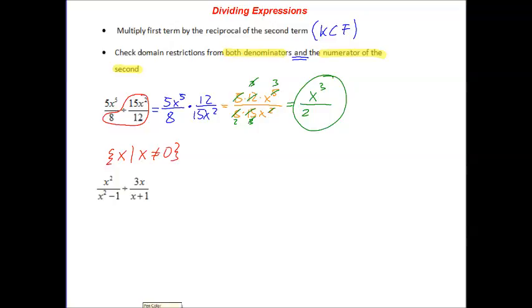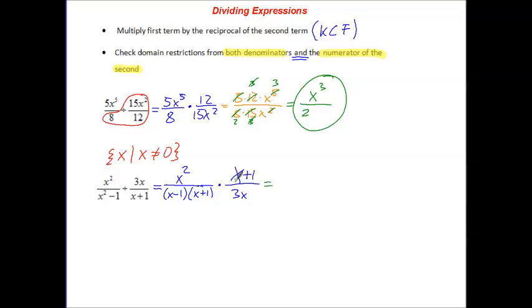Okay, on to the next example. And again, we're going to rewrite this as a multiplication problem, but also let's not forget to factor whenever we can. Our denominator, x squared minus 1, is again a difference of perfect squares. So we can rewrite this as x minus 1 times x plus 1. And that fraction gets multiplied by x plus 1 divided by 3x.